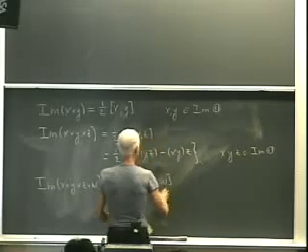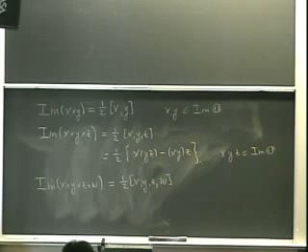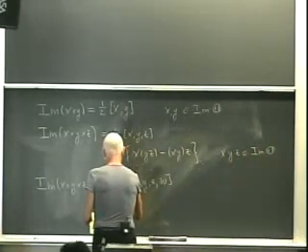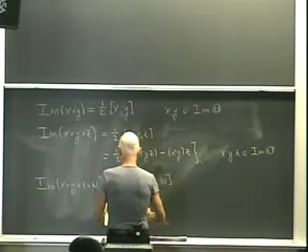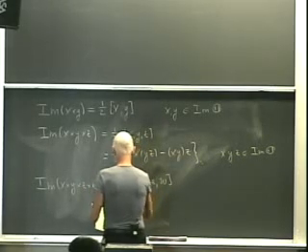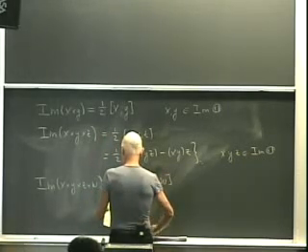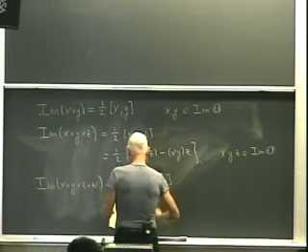This is called the co-associator, and this is given by equations. Maybe I won't write this down.